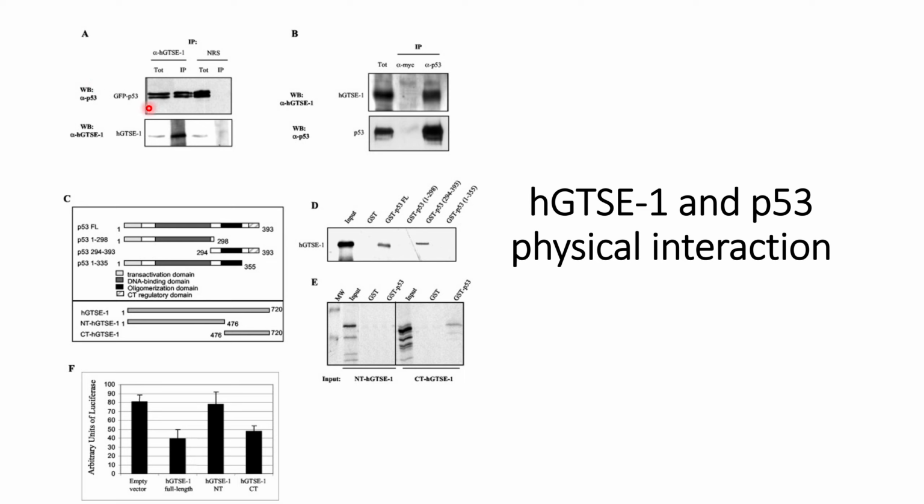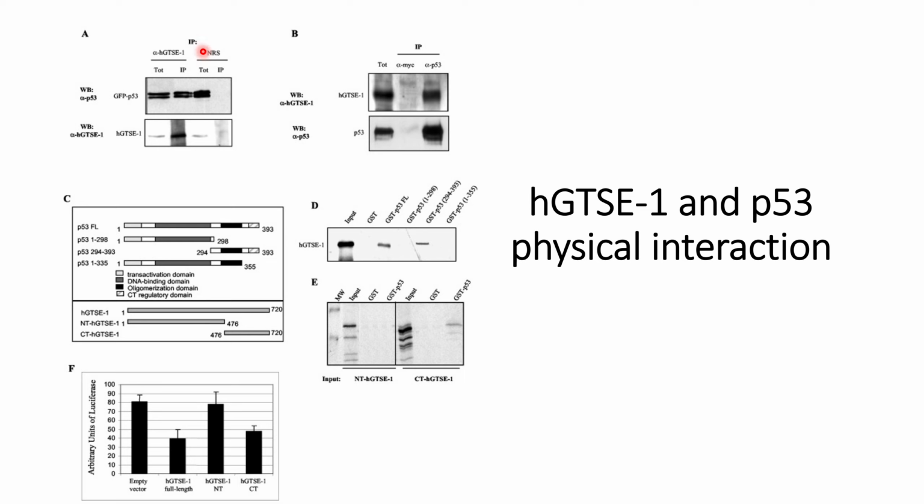Then they checked whether this immunoprecipitated p53 has any presence of hGTSE or not. When they did the experiment, they found the presence of hGTSE-1, which they expected to find when they immunoprecipitated GFP p53.